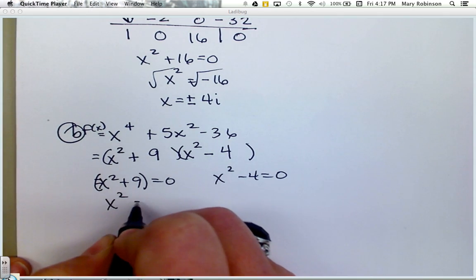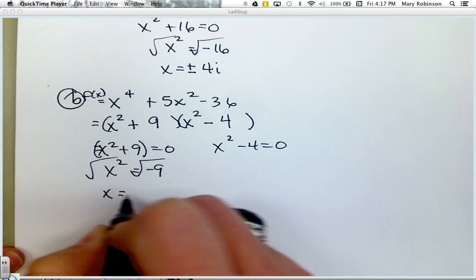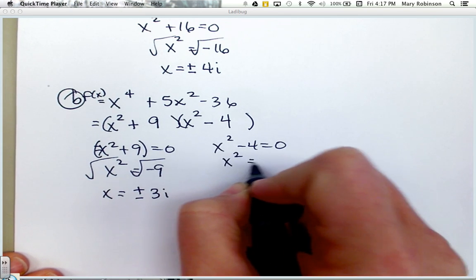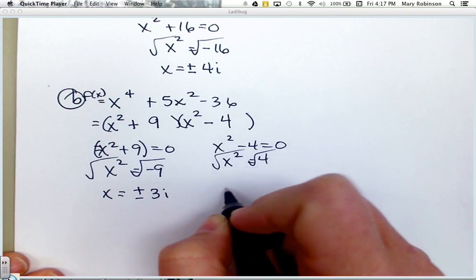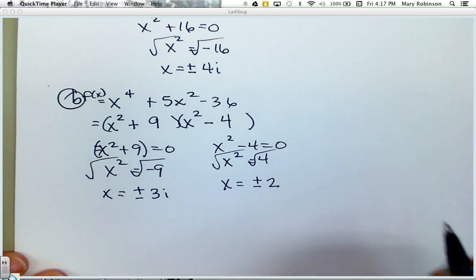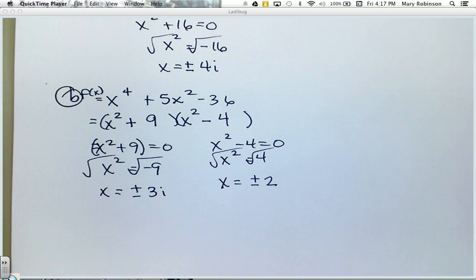And then solve, taking the square root of both sides, and we get positive or negative 3i. Square root of both sides, and we get positive or negative 2. So remember, we do have 4 solutions which should match the degree of our polynomial.